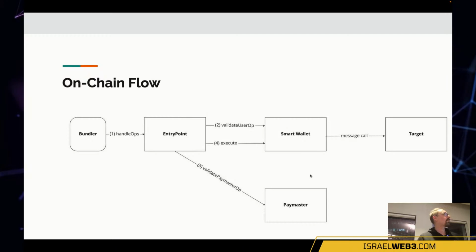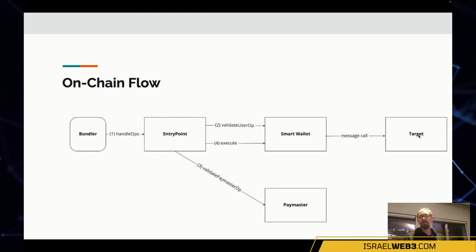Then it will validate the transaction again with the smart wallet and execute it, and the smart wallet sends the message to the target contract. Does it answer your question?